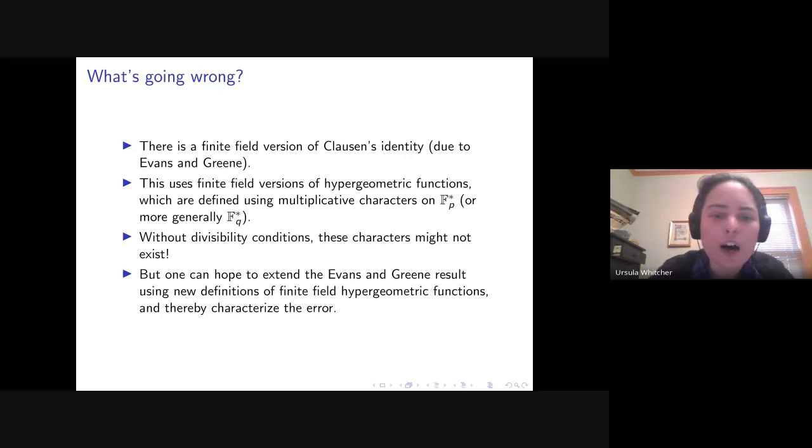However, you can certainly hope to extend the Evans and Green result using more sophisticated modern versions of finite field hypergeometric functions. And that's something that Adriana and I are really interested in doing, is saying, hey, can we characterize what goes wrong with this error in general?